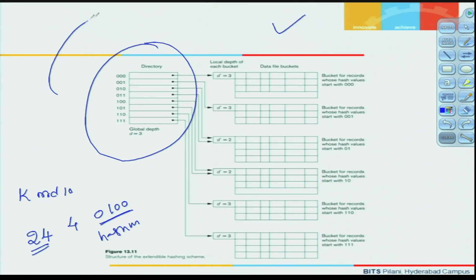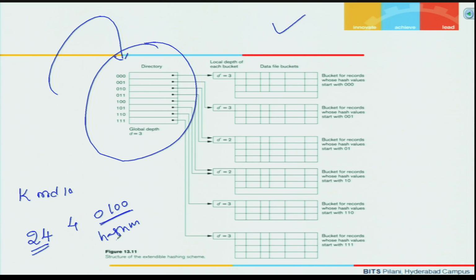A binary representation of a given integer can be represented in 2 bits, 4 bits, 8 bits, 16 bits, and so on. Once it is converted to binary representation using a certain number of bits, I can use the least significant bits or most significant bits to make a search in the directory.